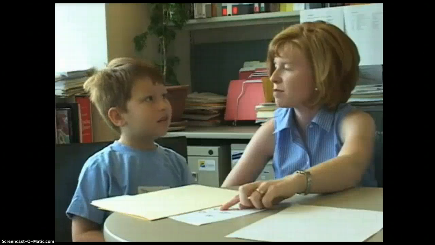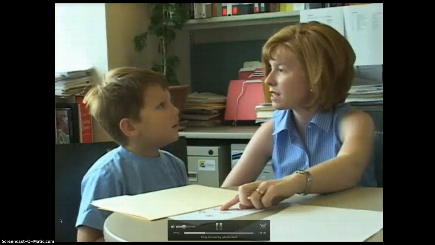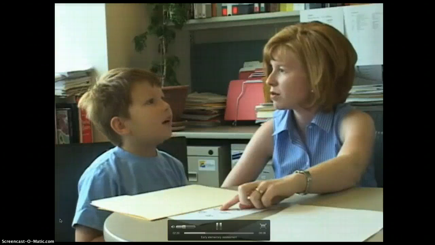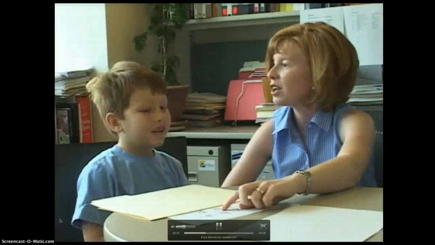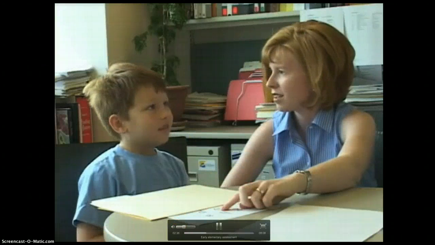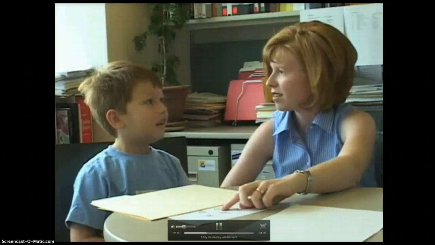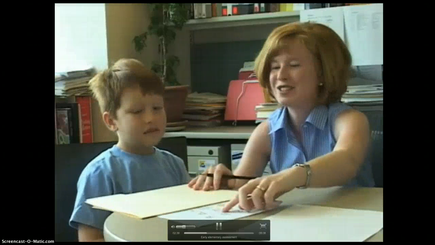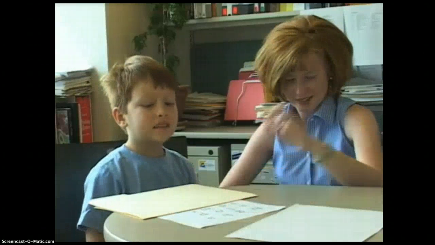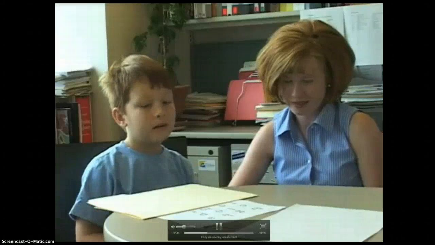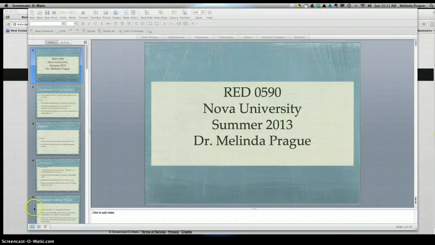Do you know the other sound it makes? No. Okay. O says its name. It says O too. Sometimes in words. If it has an E next to it. You're right. The rule: two vowels go walking, first one does the talking. Do you know that rule? Yeah. Okay. Let's try the next row. T. Ba. T. Good.